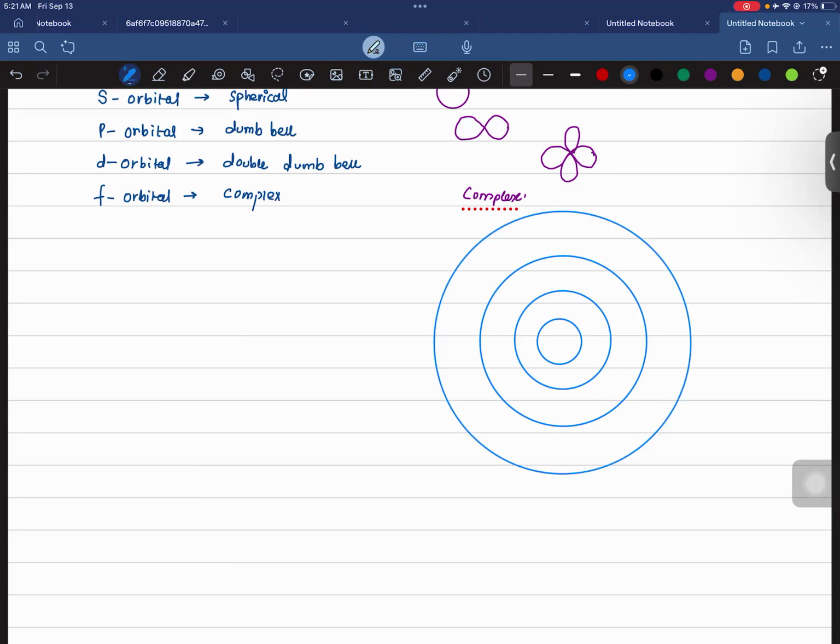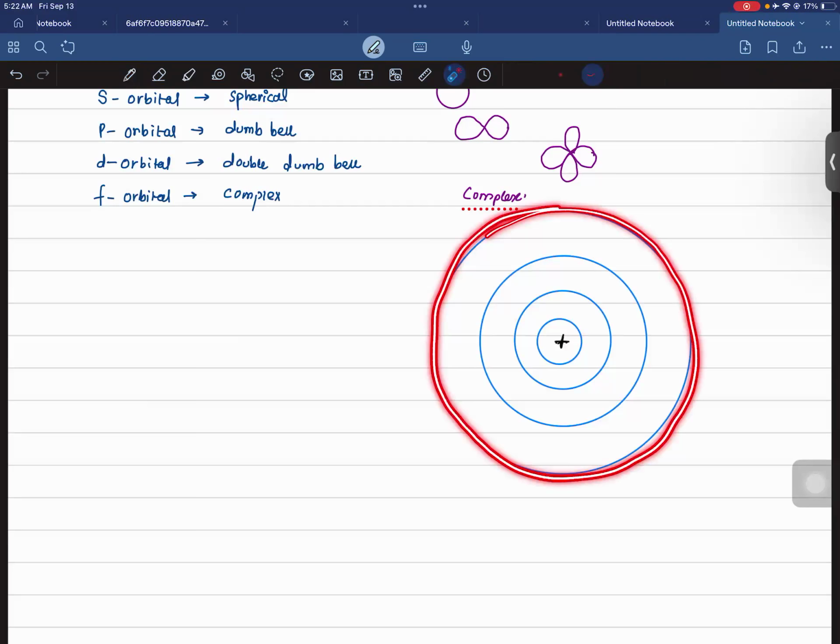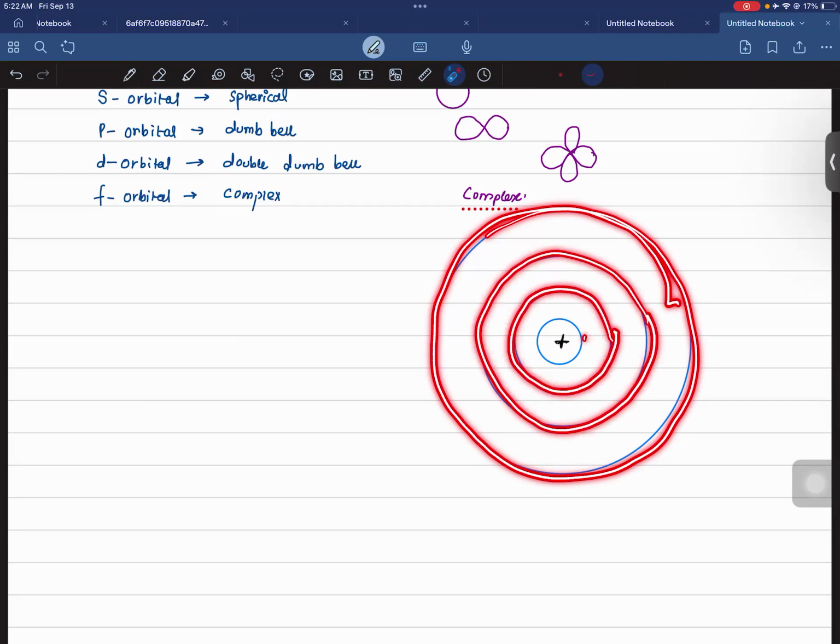Now you can see the radius, the diameter. As you go further away from the nucleus, the size of the shell is going to increase. This is the largest, this is large, this is small, this is smallest.